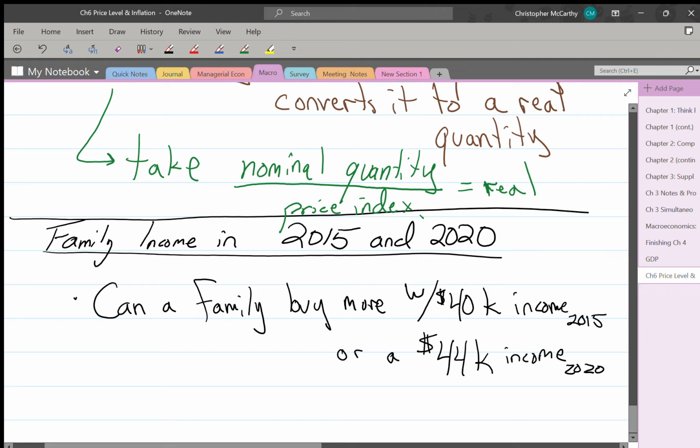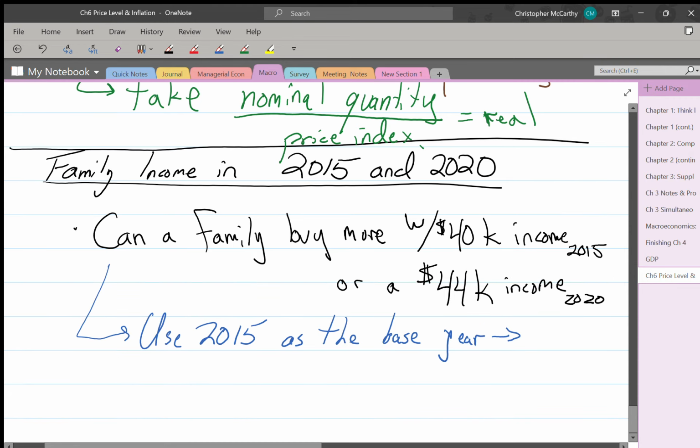both of the years. So we're going to use 2015 as the base year, because why? Then half of my job's done for me, right? The CPI in 2015 is equal to 1.